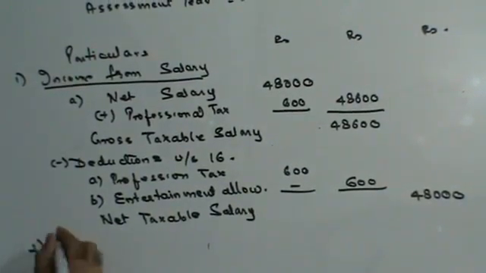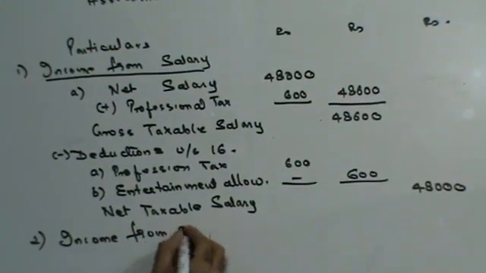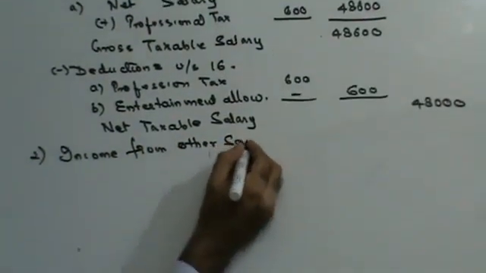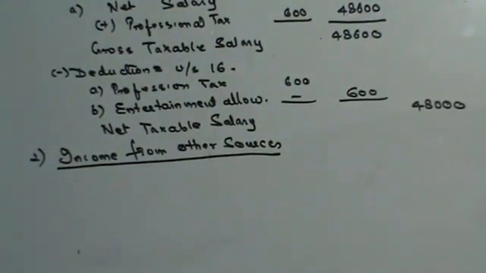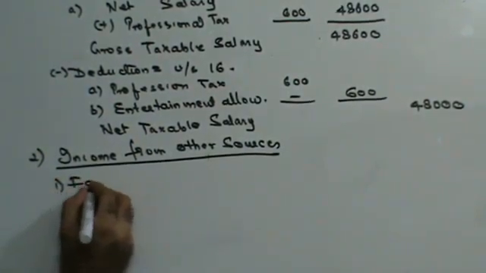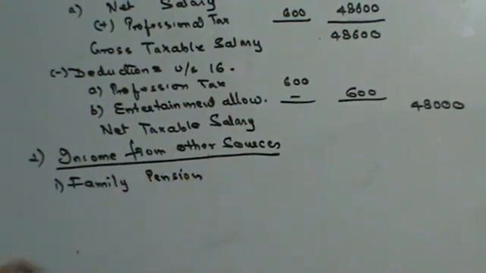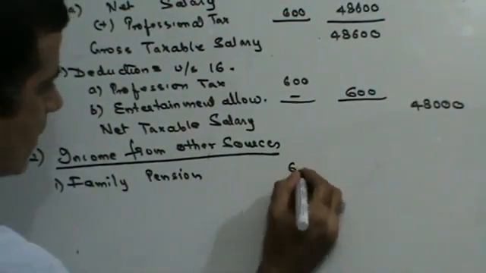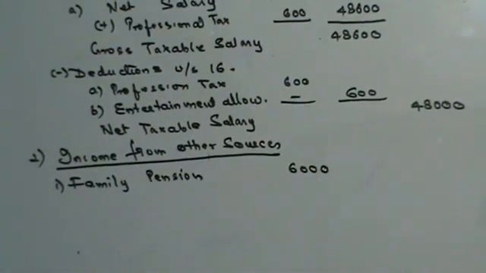Next, income from salary is done. Let's start income from other sources. Family pension from government of Uttar Pradesh, where her late husband was serving. She's got a family pension of 6,000 rupees. Now, what is the rule for exempt?